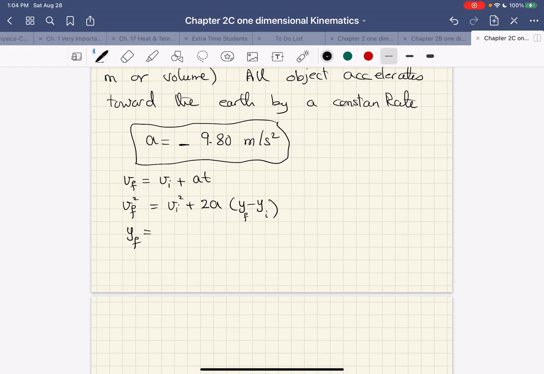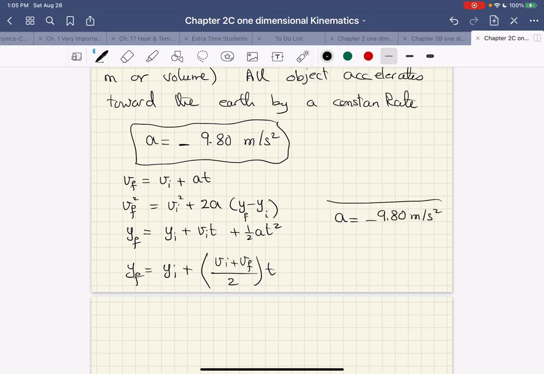And Y final equals Y initial plus V initial T plus 1/2 AT squared, and Y final equals Y initial plus (V initial plus V final) over 2 times T, and A always is negative 9.8 meters per second squared.